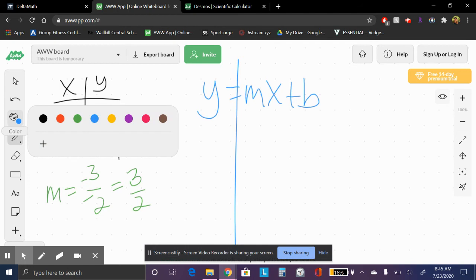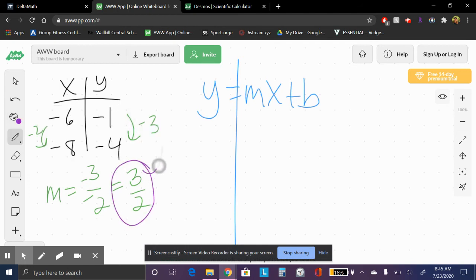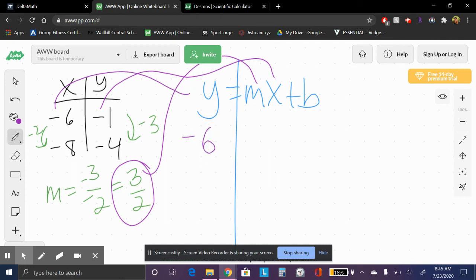All right, so I plug in my m. I plug in a point. I'm going to plug in this one. I'm going to plug in -1 in for x. I'm going to plug in -6 for y. Because I know 3 over 2 times 1 is, I'm sorry, plug the wrong one in.